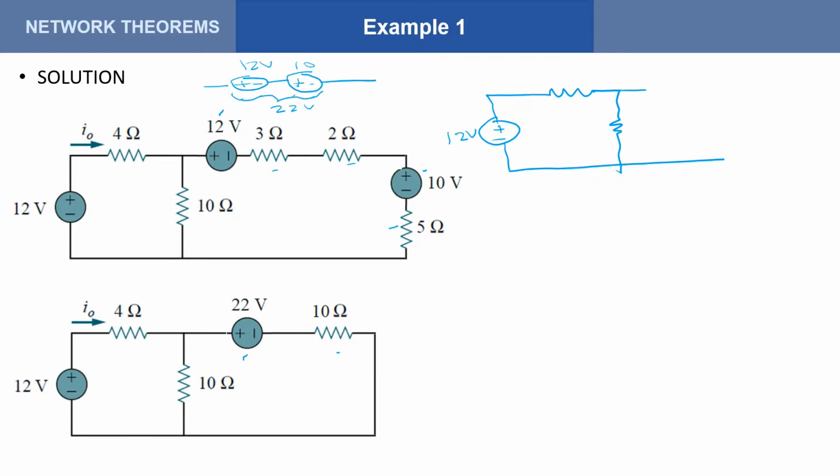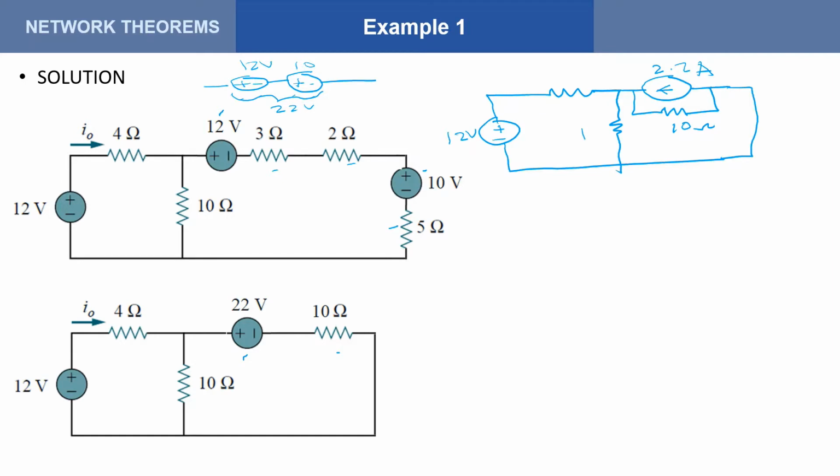So that thing, the 22 volts and 10 ohms, can be converted into a current source, an independent current source, and parallel resistance. So this one is 10 ohms. Okay, and current source should be 22 divided by 10, so that will give us 2.2 amperes.